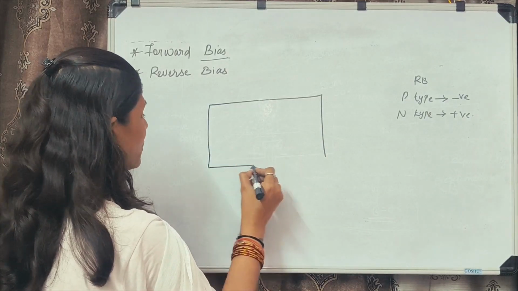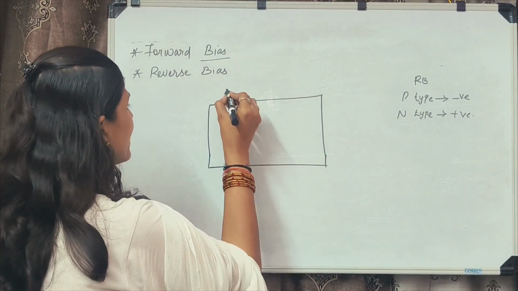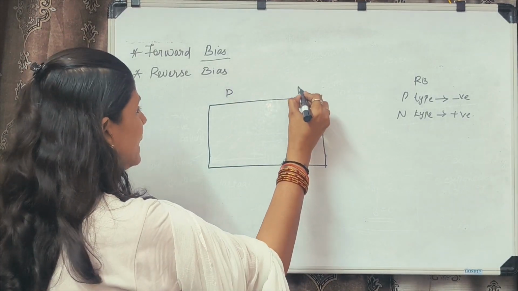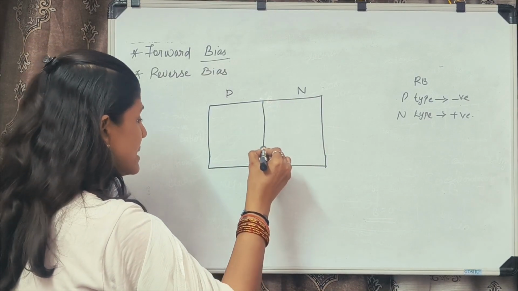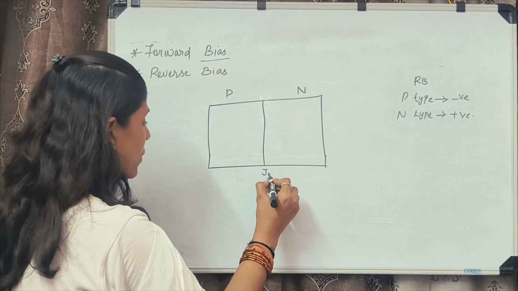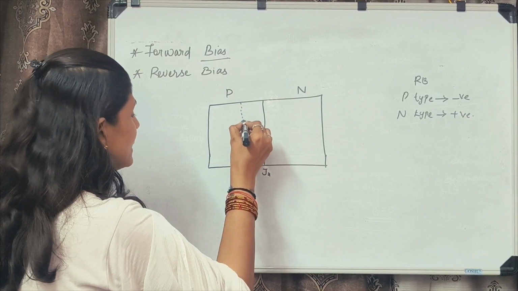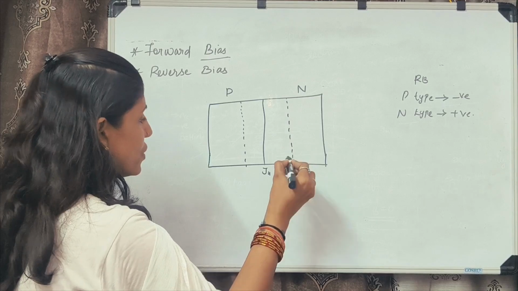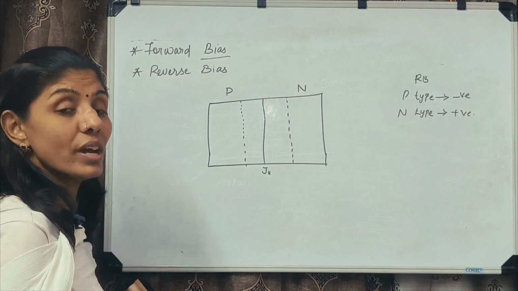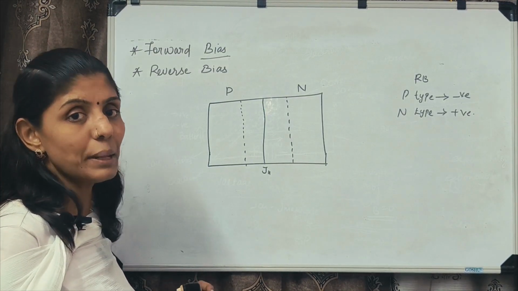Okay, now I am drawing that one. This is my P-type semiconductor and this is my N-type semiconductor. This is a junction, and consider this is the depletion region. So what is there in the depletion region? The ions will be there in the depletion region.